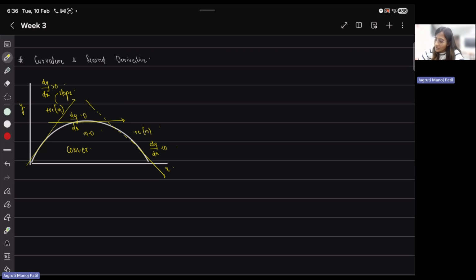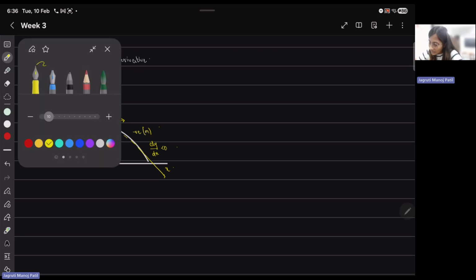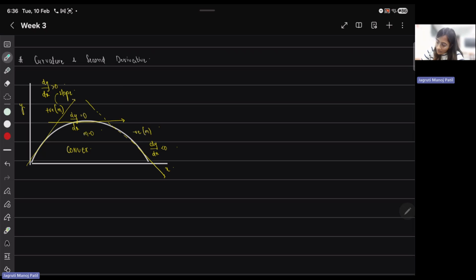So okay, now what do we see over here? What we see here is the slope decreases as we go along x, right? As we go along x, the value of m decreases. The slope is decreasing. What that means is that your dy by dx is decreasing, right?